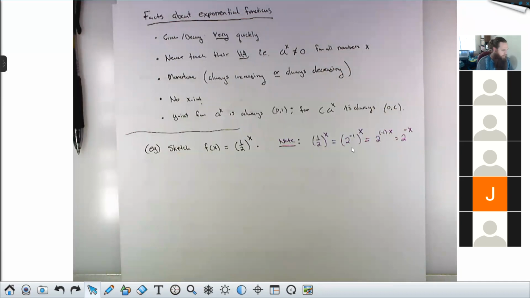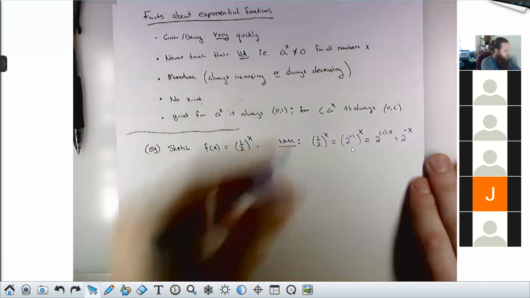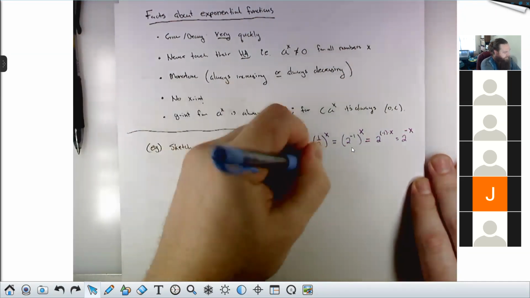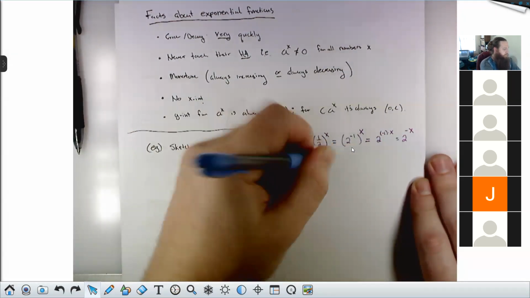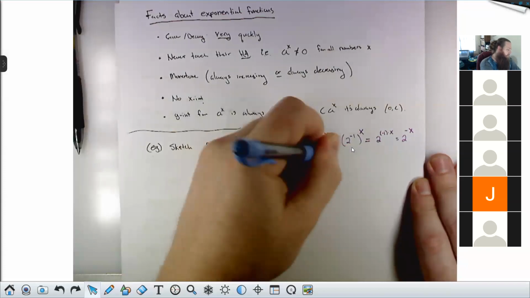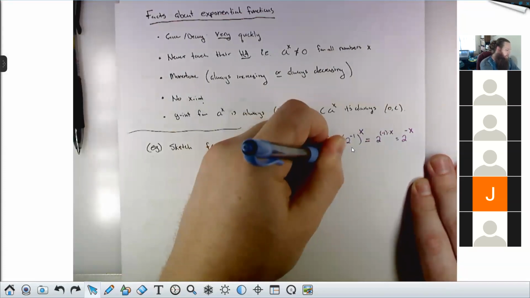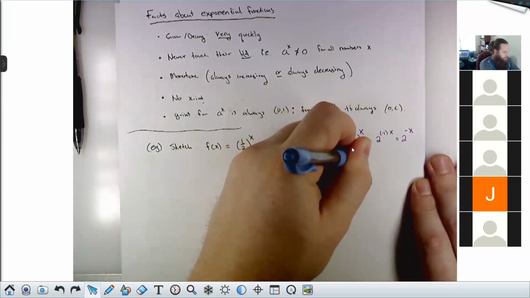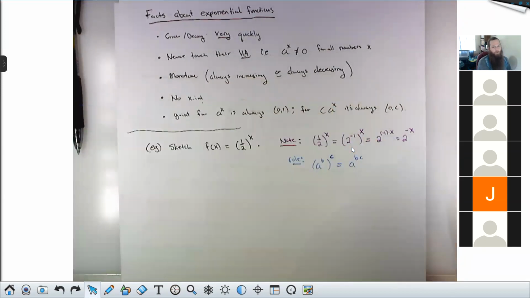So the algebra rule here, and this is one of the reasons I wanted to show it to you like this, the rule that's super useful here is that if you take one number and you raise that to another number, and then you raise that whole thing to a third number, this is the same as the first number raised to the product of the two numbers.